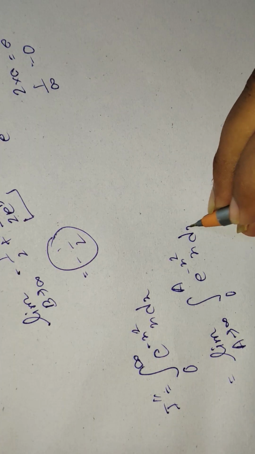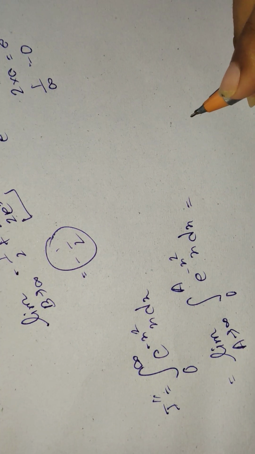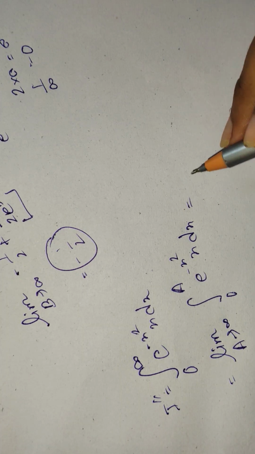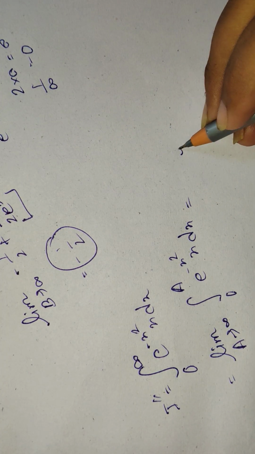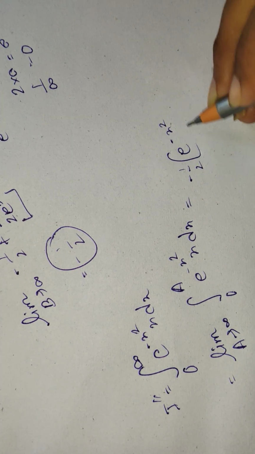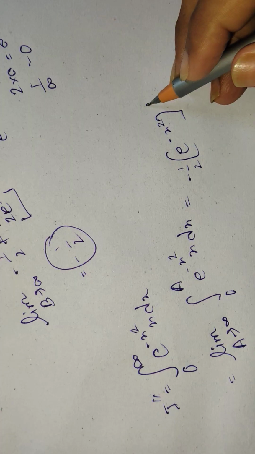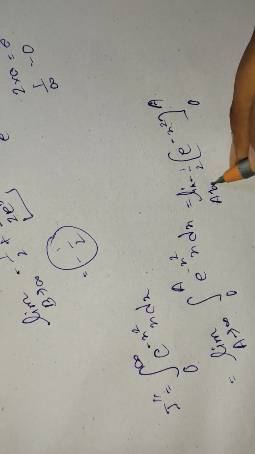Now I am doing a simple single step jump. Basically this is nothing but minus half into e to the power minus x square, with limits 0 to a, and a is tending to infinity.